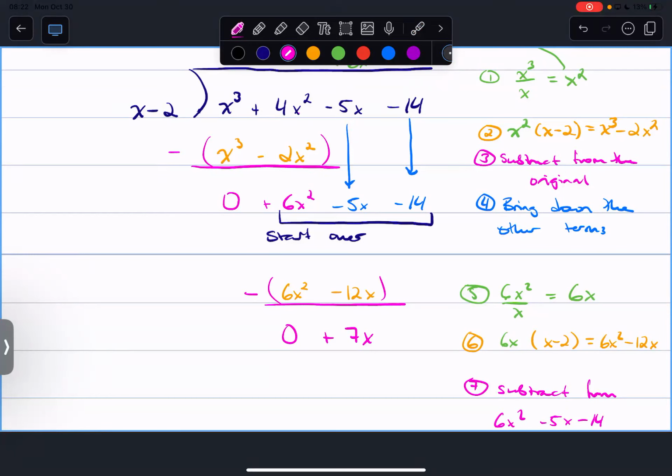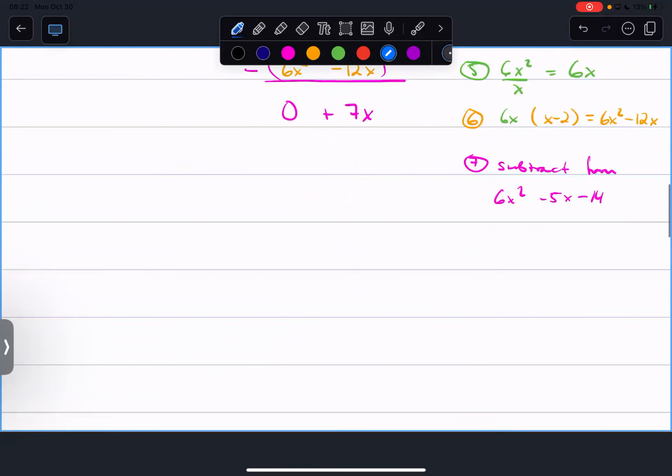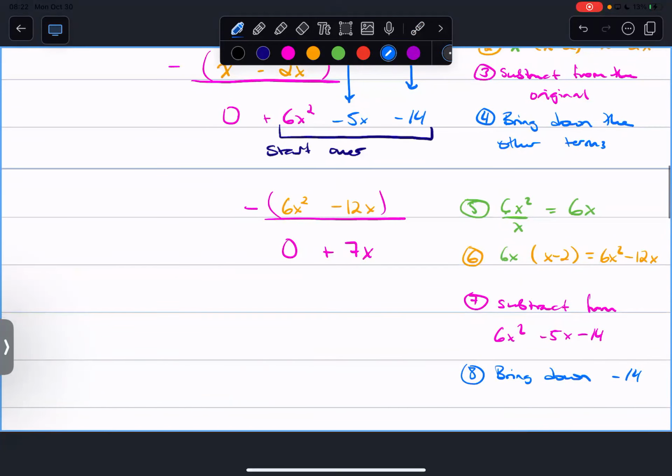Now I can bring down that 14, or the minus 14. Bring down minus 14 here. And now we start over.